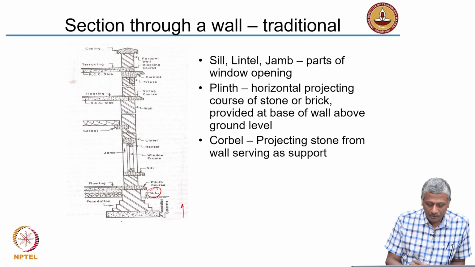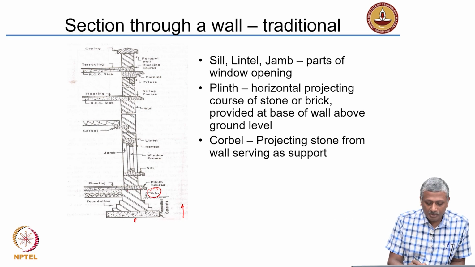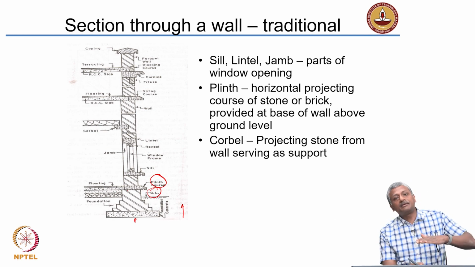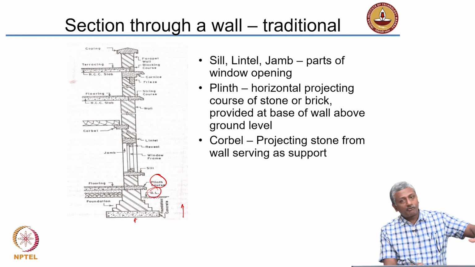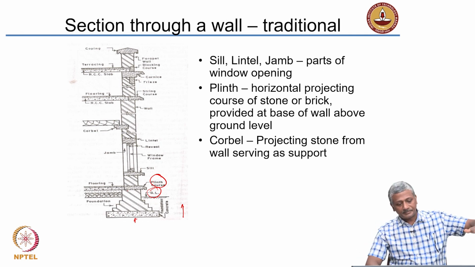Under the ground level you have your foundation, which is basically a layer of plain cement concrete, and then you have a stepped footing of brick. You build up the stepped footing of brick all the way up to the plinth level. Many of you recognize that the plinth level is nothing but the inner floor level, and that is typically raised above the ground level on the outside.